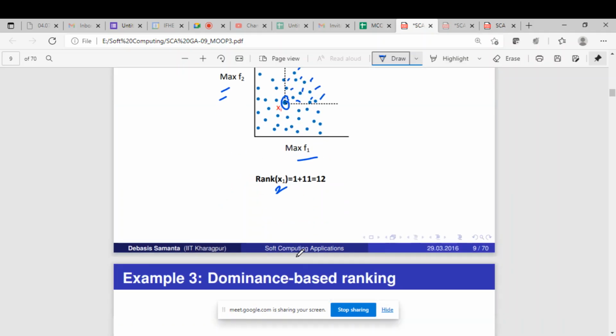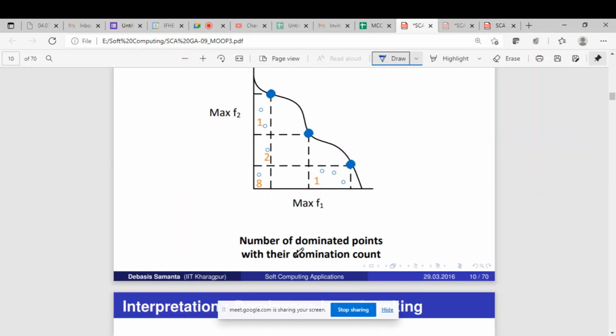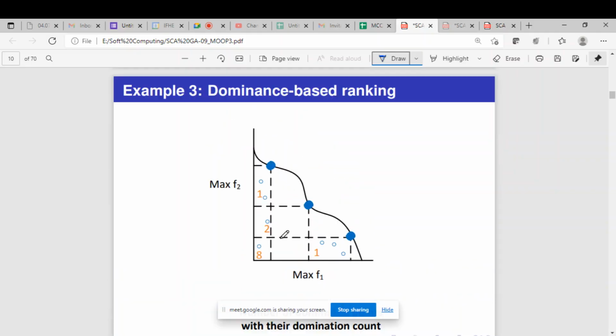So like this we have to calculate rank for every individual. See for example this diagram. We are calculating the rank for every individual. Say this is max of F1 and max of F2. I mean F1 we are maximizing, F2 also we are maximizing.